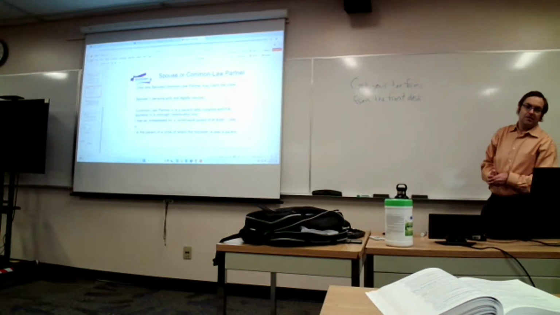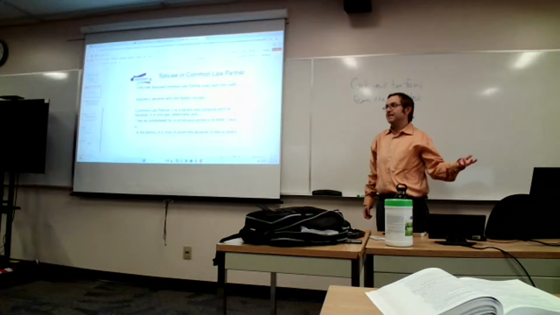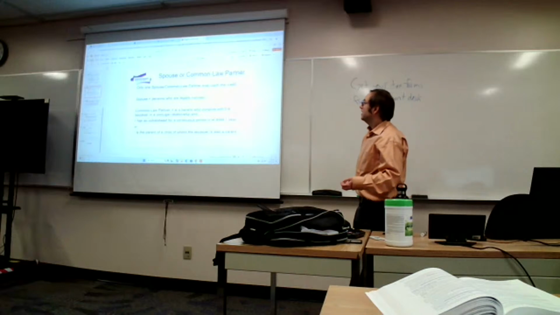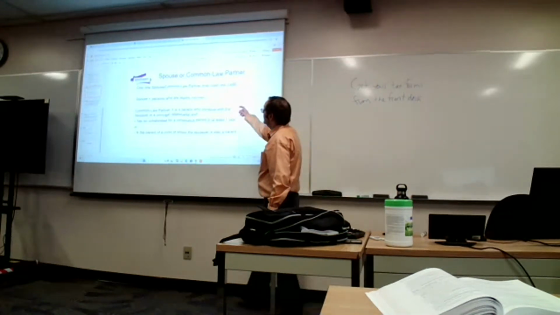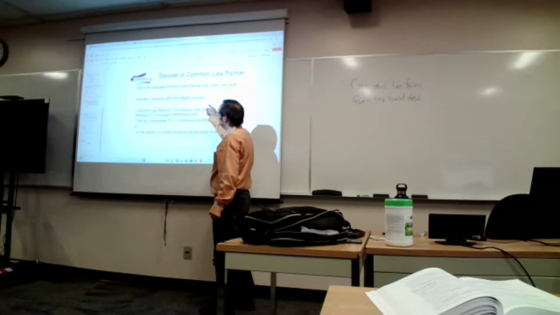So, only one spouse or common law partner may claim the credit. That makes sense. Basically, the higher income spouse is going to claim the credit. The definition of a spouse is persons who are legally married.